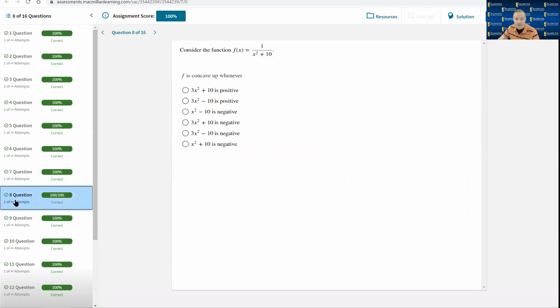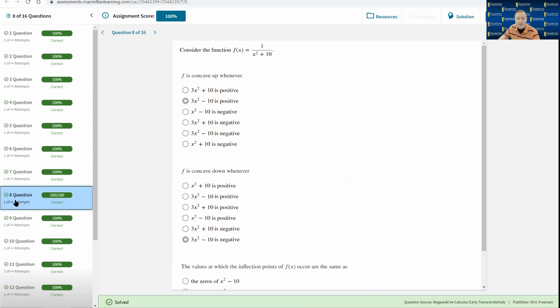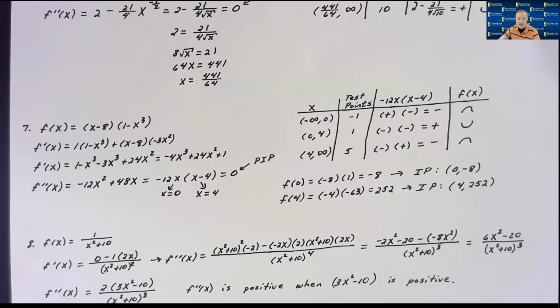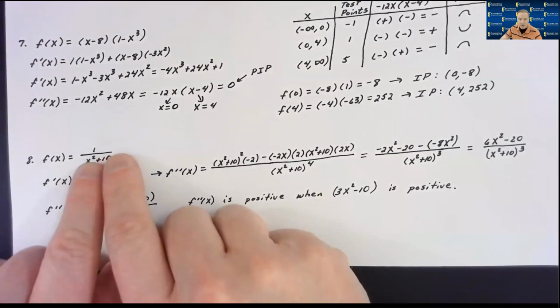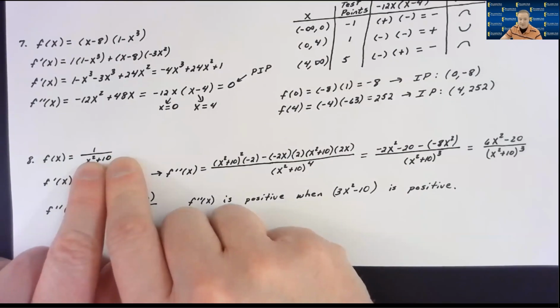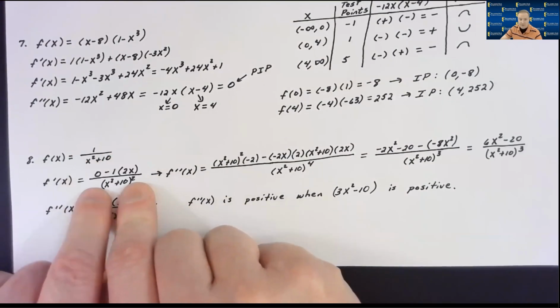Now, number 8. Number 8 is giving us our first problem that's looking at a quotient, and we just have to make sure to answer all of the questions. So I went ahead and did a second derivative test so I could clearly answer those questions. And I said, well, all right, here's my quotient here. I know I'll have to take the second derivative, the first derivative.